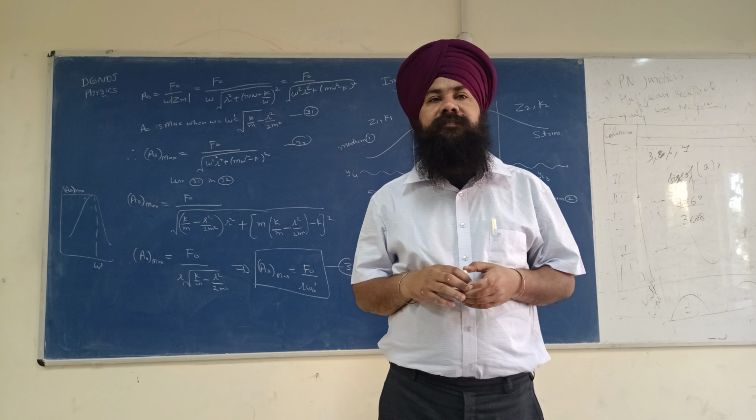A naught max is equal to F naught upon omega naught prime R. You can memorize it orally also. This is a very important expression. It can be asked in 2 marks questions also: what is the maximum amplitude of the forced oscillator?